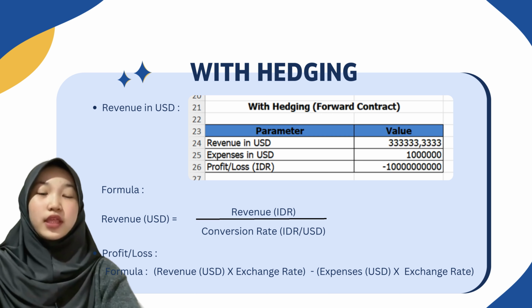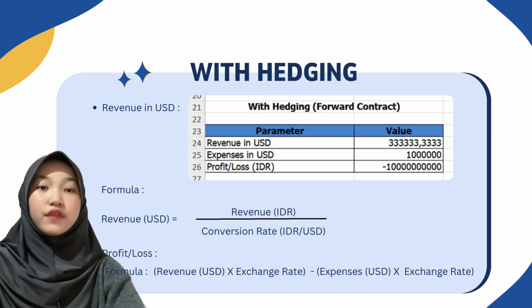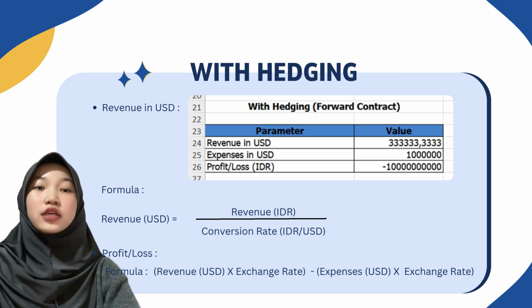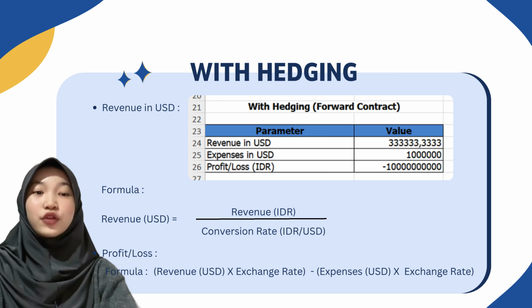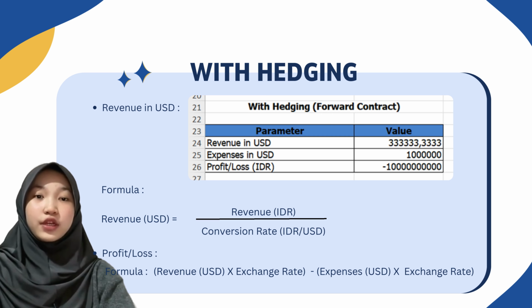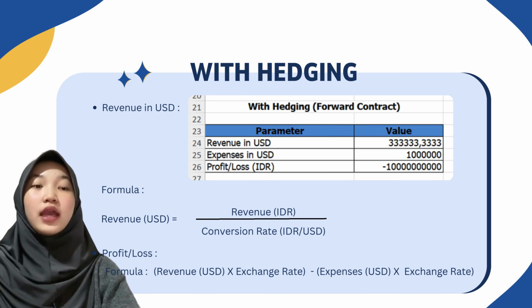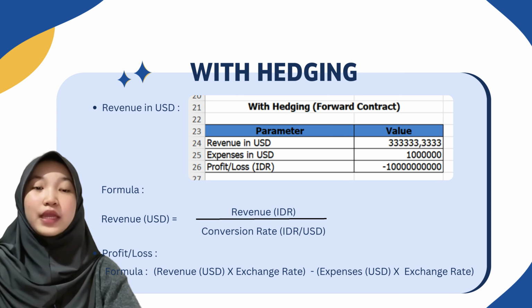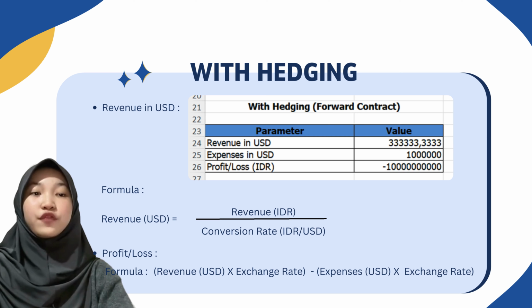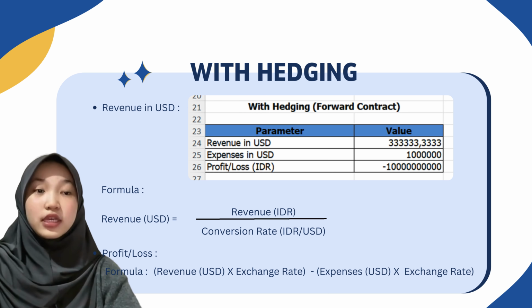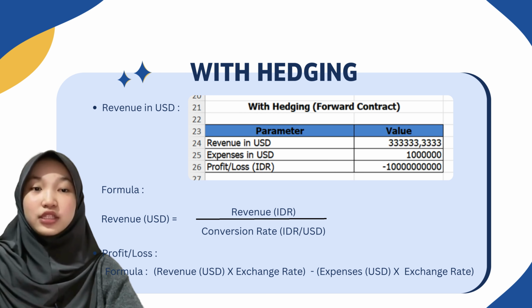The next slide is with hedging forward contract, where revenue is about 330,330 in USD obtained from the formula revenue IDR divided by the exchange rate IDR per USD, and profit loss of about minus 10 billion obtained from the formula revenue USD times exchange rate minus expenses USD times exchange rate.